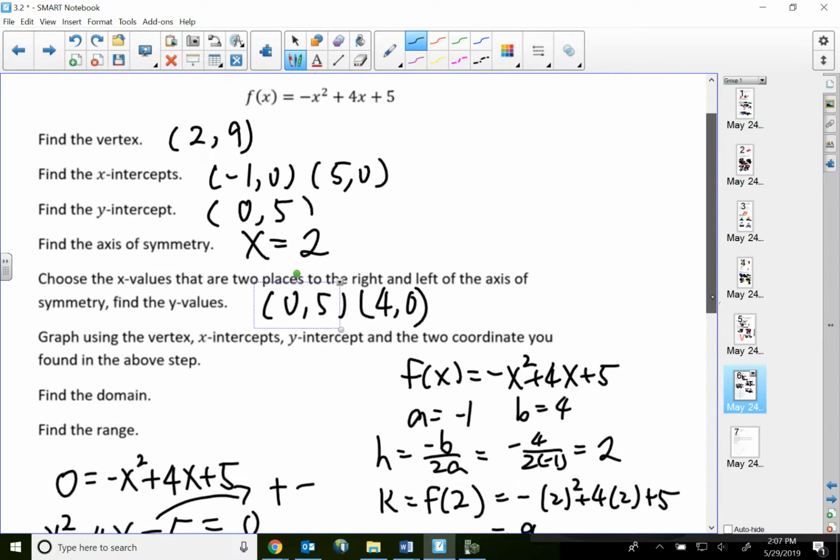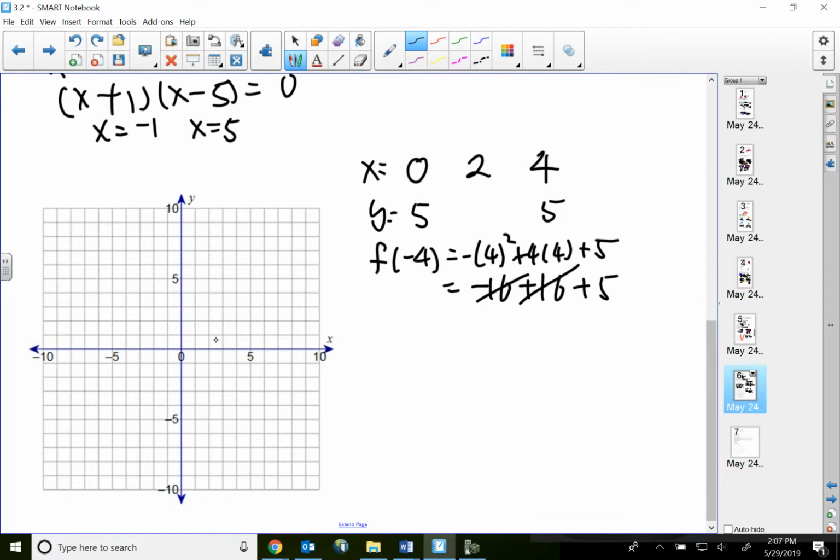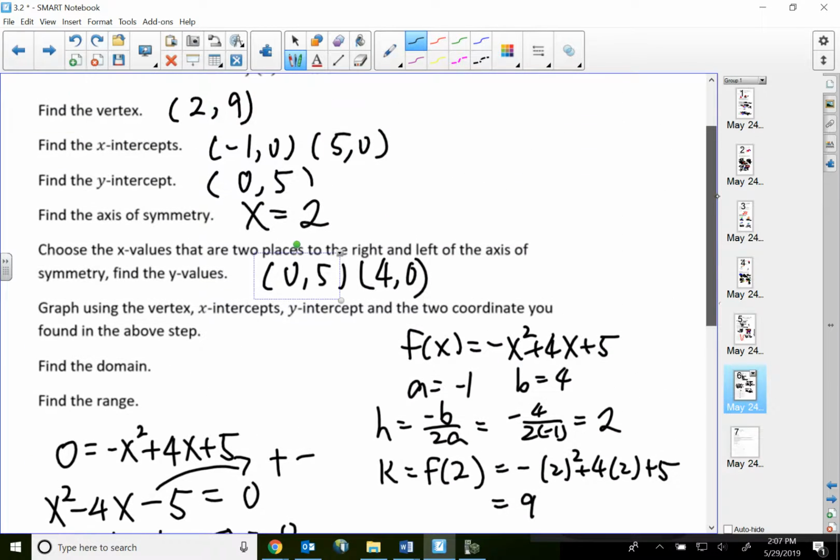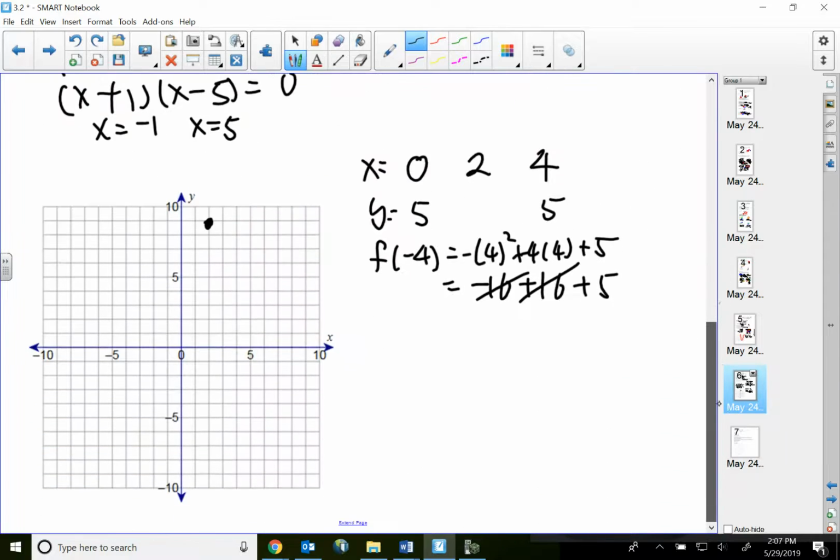Okay, let's graph 2, 9. To the right 2, up 9. This up here. -1, 0 and 5, 0 are right here. The y-intercept was 0, 5.